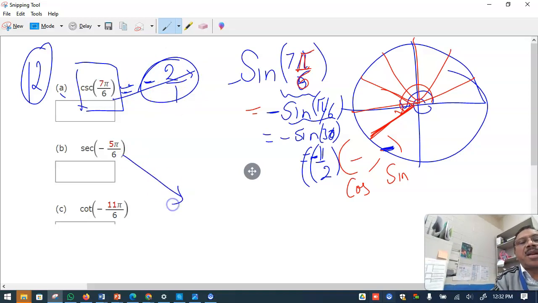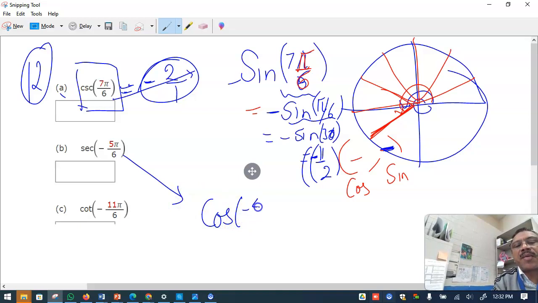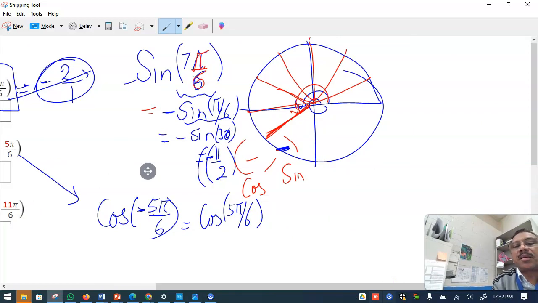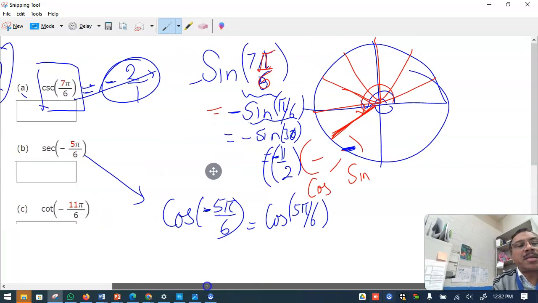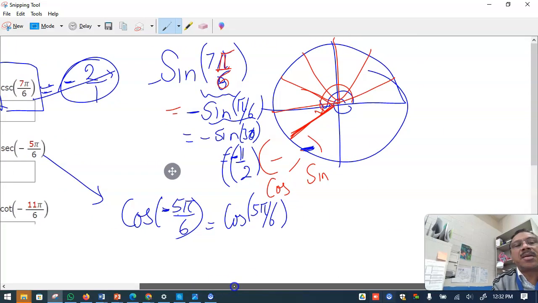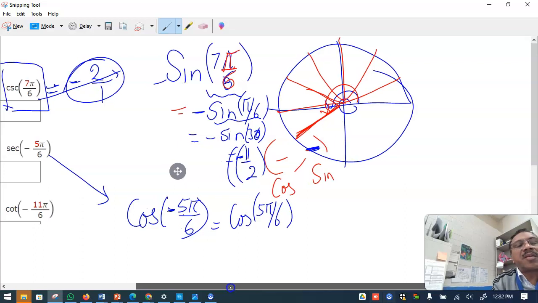This one we'll have to figure out what is cosine of minus 5 pi by 6. There is a shortcut trick you can use also. If there is a minus, cosine of minus 5 pi by 6 you can also write as cosine 5 pi by 6. And that means the reference angle is pi by 6. So it's the same angle they give, pi by 6, but this time it is 5 pi by 6.